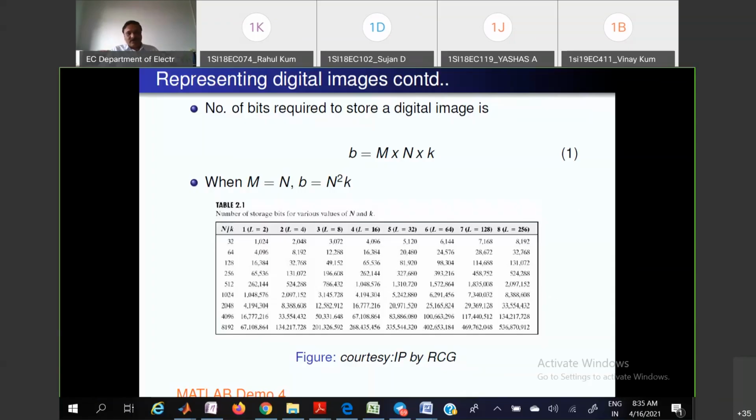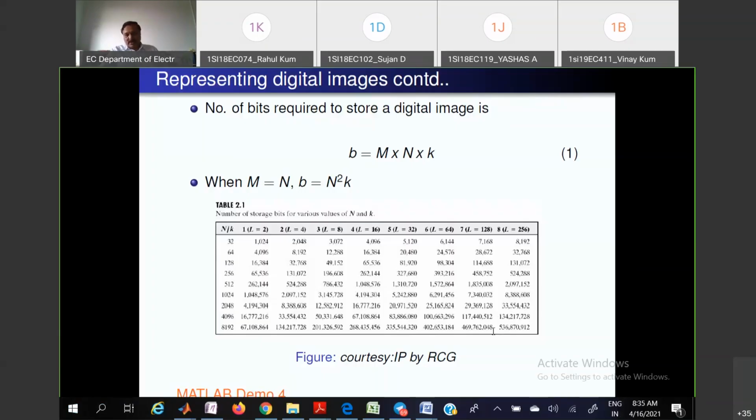It's a very large value. But normally your cell phone cameras are color cameras, so it is not into 8, it is into 24. All of you know that, I use three matrices to represent. So 4032 into 3024 into 24 will be the number of bits used to represent one frame.